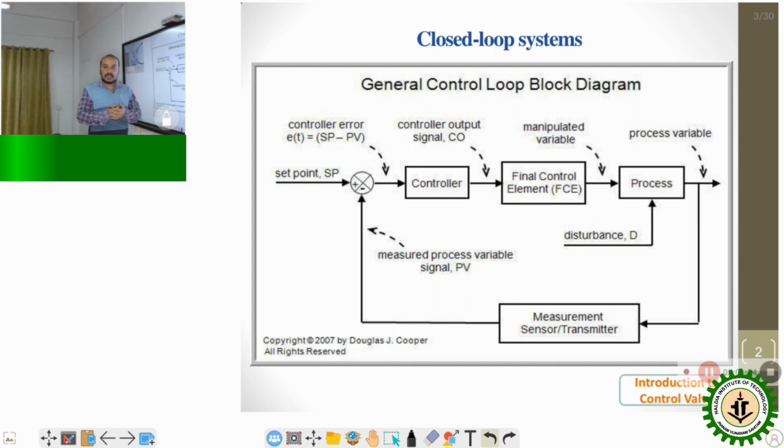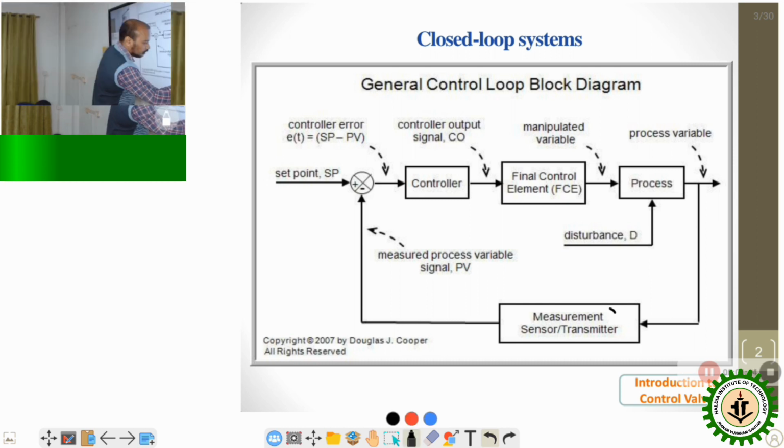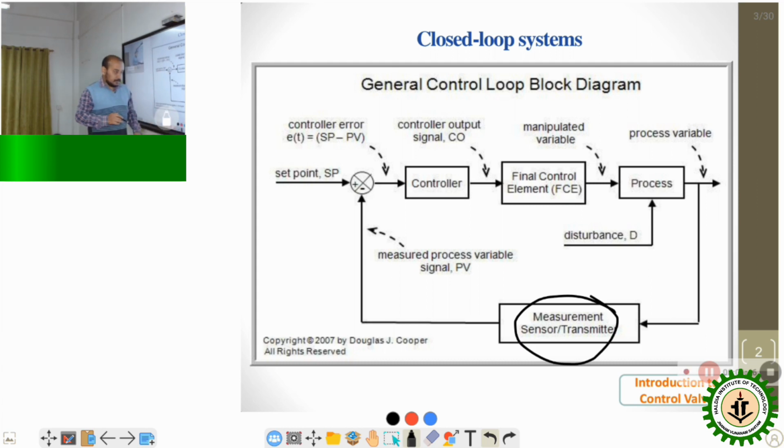Whenever we start the air condition, the controller will try to understand what the temperature is right now, and that will be done by the measurement or transmitters. The temperature sensor will measure the temperature, which initially will be 40 degrees centigrade, and the set point which we have given is 20 degrees centigrade, the desired temperature in our room.